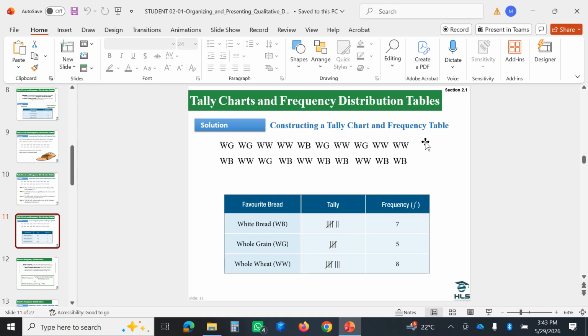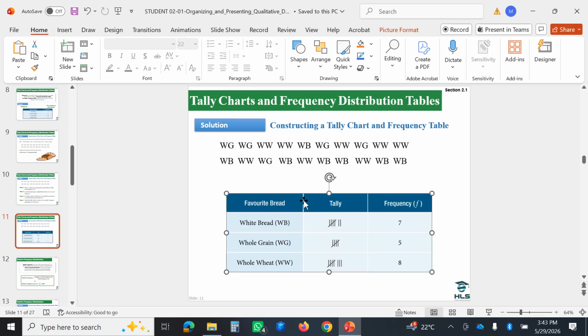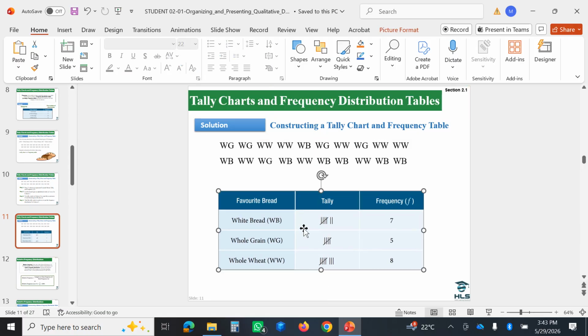So you're taking mashed potatoes and you are organizing the data and letting it sing, letting it speak to you. And easily, you can't tell anything from here, but from this frequency chart, you can see that the majority of the respondents chose whole wheat bread, and almost the same number chose white bread, and then whole grain was the least favorite. Okay?